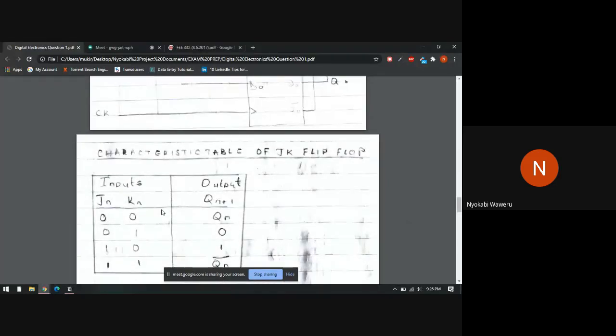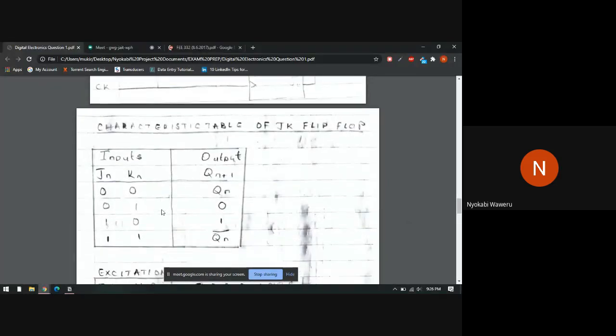the characteristic table for the JK flip-flop. When the inputs J and K are 0, 0, the next state Qn plus 1 is Qn. When J is 0, K is 1, Qn plus 1 is 0. When J is 1, K is 0, Qn plus 1 is 1.